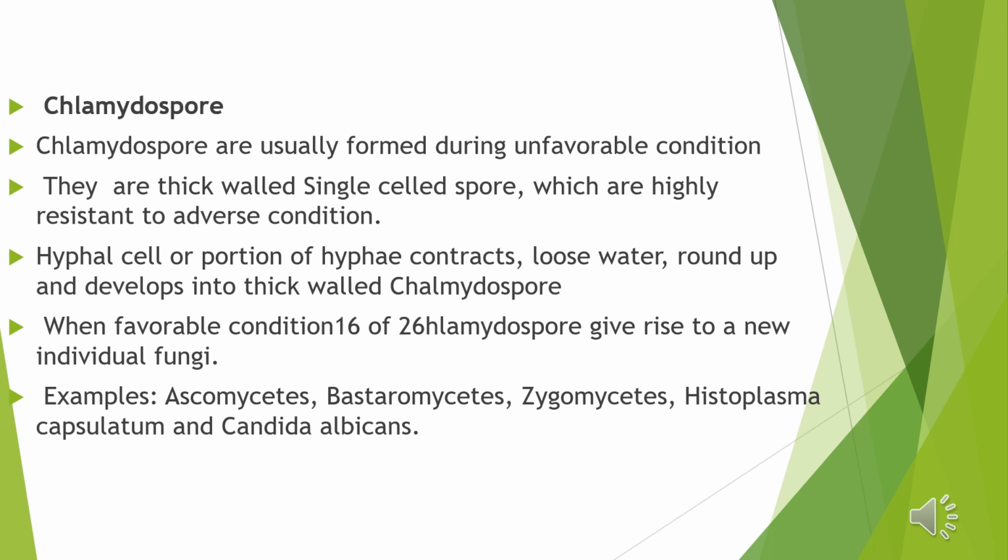Hyphae contract and lose water, they become round, then develop into thick-walled chlamydospores. During favorable conditions, they give rise to new fungi. For example, Histoplasma capsulatum and Candida albicans are chlamydospore formers.